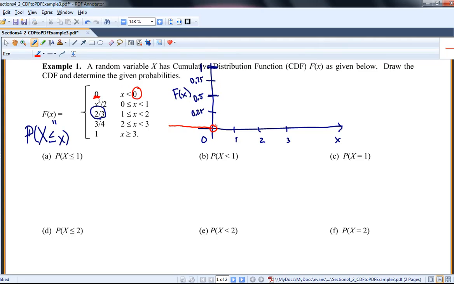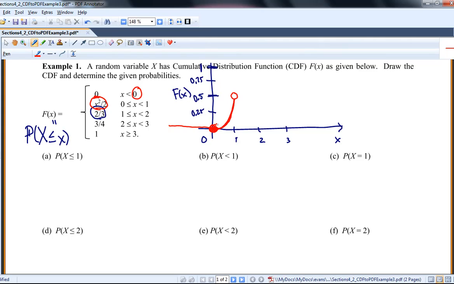And when I hit 0, I draw an open circle because I haven't picked up any probability yet. But when I do hit 0, I pick up the probability 0 squared over 2, which is still 0, so I'm going to fill in this hole there. And I have the shape of a parabola between 0 and 1. So at 1, I end with an open circle at a half, like this.